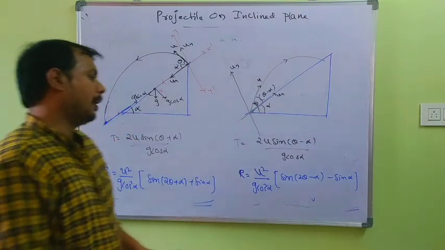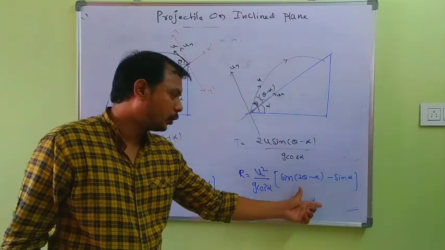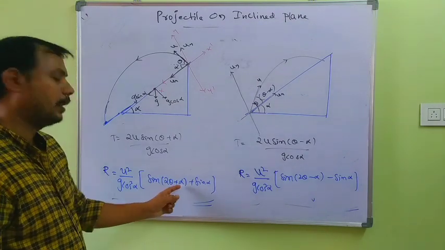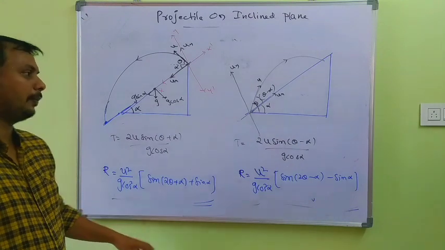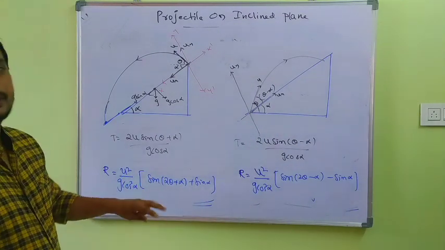Of course, for maximum range, you can take 2 theta minus alpha equal to pi by 2 and get one more equation. Here also, for maximum range, 2 theta plus alpha is pi by 2, and you will get the maximum range equations. So I explained these two concepts in this video.